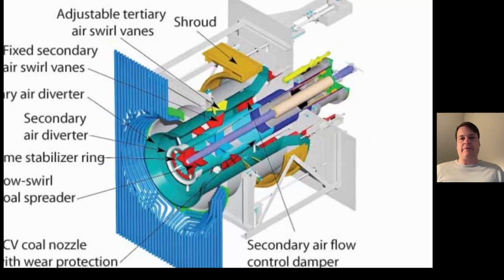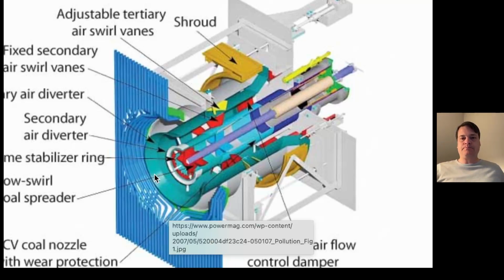And these burners have typically 2 or 3 air streams. You'll have primary air, which carries the coal, secondary air, tertiary air that kind of surround in an annular way the coal. And then you have these, the shape of this thing's called a quarl.